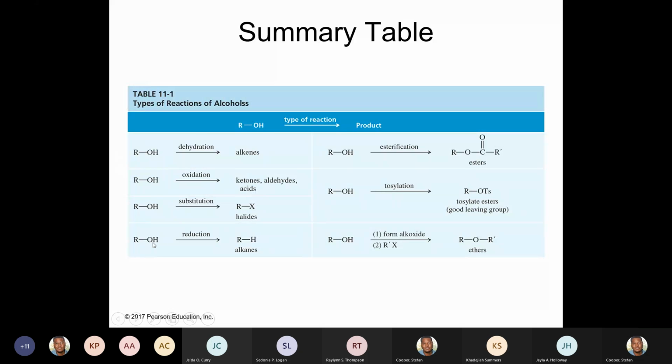They can be reduced to alkanes, or I can do this reaction at O to form esters, tosyl groups (we'll talk about tosylation here shortly), and ethers. And the Williamson ether process has these two steps in order. First, you have to form the alkoxide, then you have to do an SN2 reaction with an alkyl halide to form an ether.